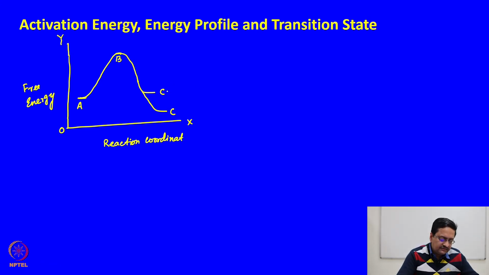So, in this reaction, we have A equal to substrate, B is the transition state, and C is the product.